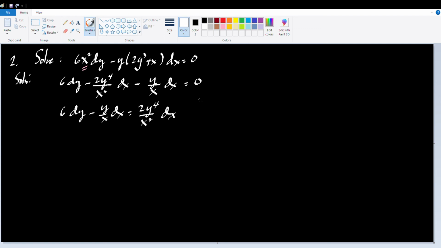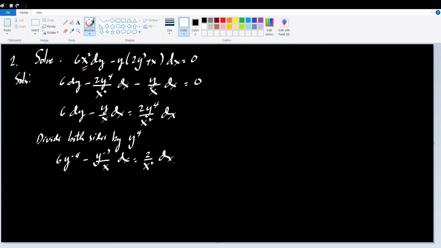Okay, then we divide both sides by y to the fourth. So we get 6y to the negative 4 dy minus y to the negative 3 over x dx equal to 2 over x squared dx.